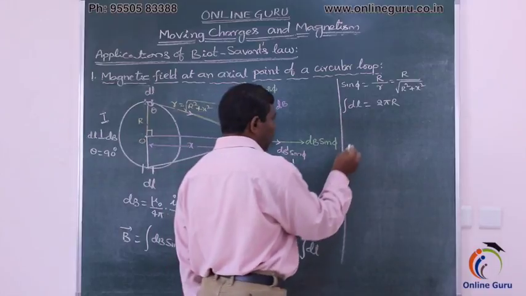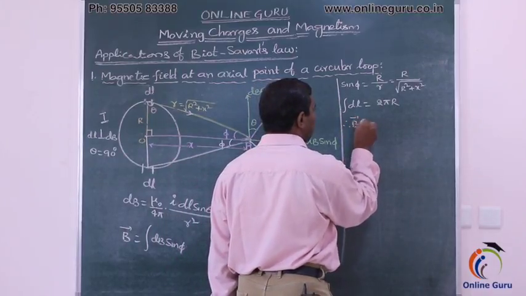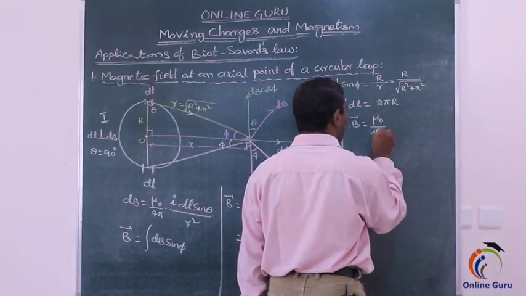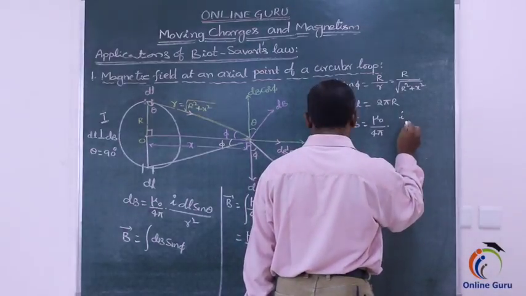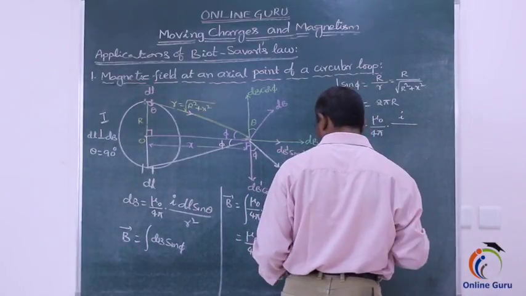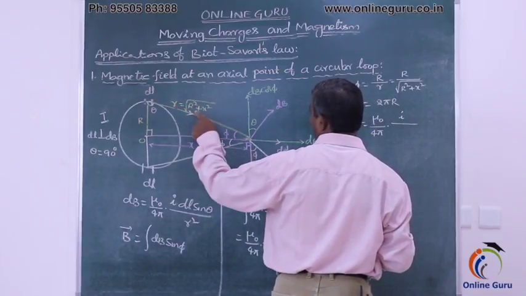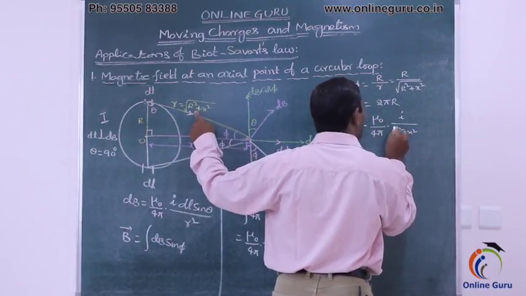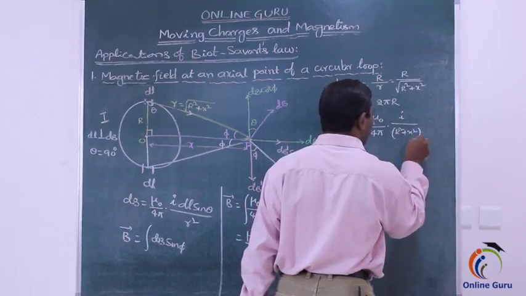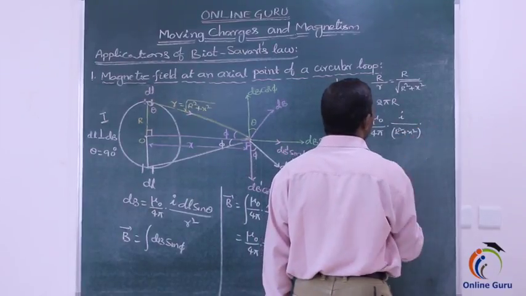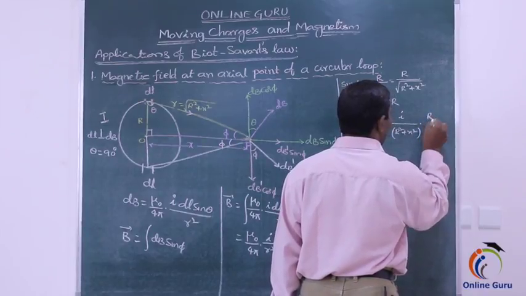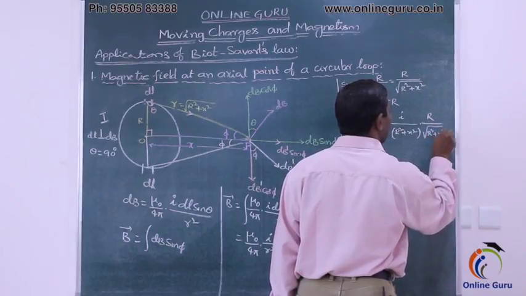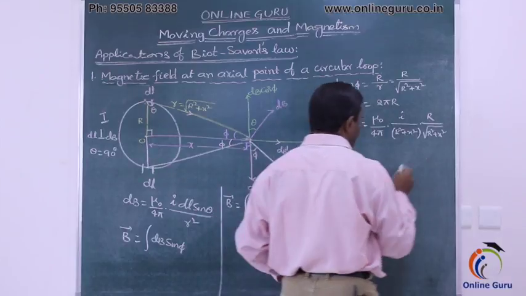Therefore, the magnetic induction B is equal to mu naught by 4 pi into I by small r square. The value of small r is the root of R square plus x square, whole squared, so the square and root get cancelled. It remains R square plus x square, into sin phi. Sin phi is capital R by root over R square plus x square, into integral dl.